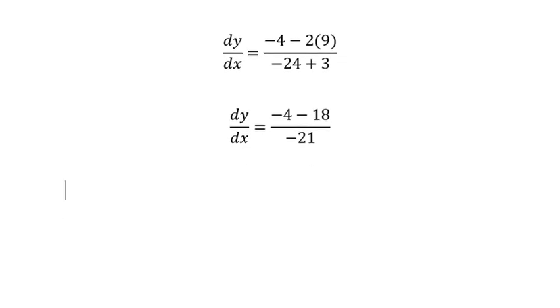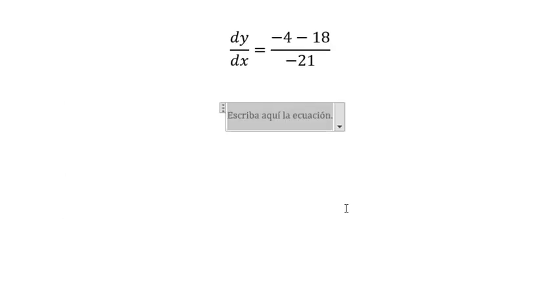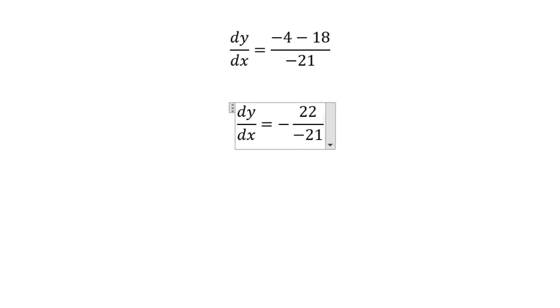So our final answer in this case will be dy over dx equals minus 22 divided into minus 21. These negative signs cancel each other, so we end up with an answer of 22 over 21.